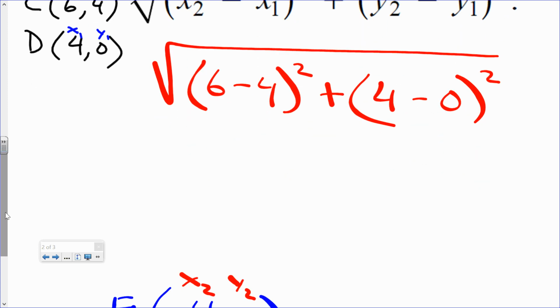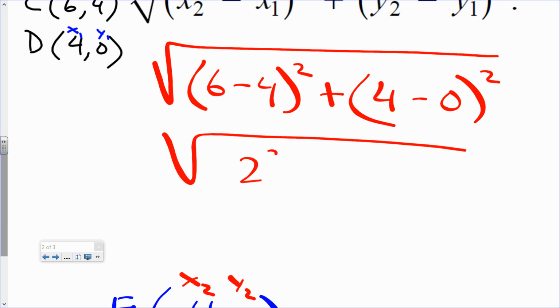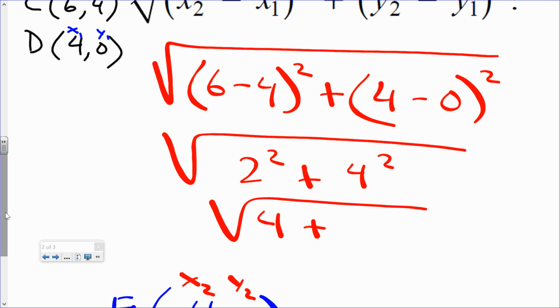Let's go ahead and simplify now. 6 minus 4 is 2 squared plus 4 minus 0 is 4 squared. 2 to the second power does not mean 2 times 2, it means 2 times itself, but it's still equal to 4. And then 4 to the second power is really 4 times itself, which is 16. Let's keep going.